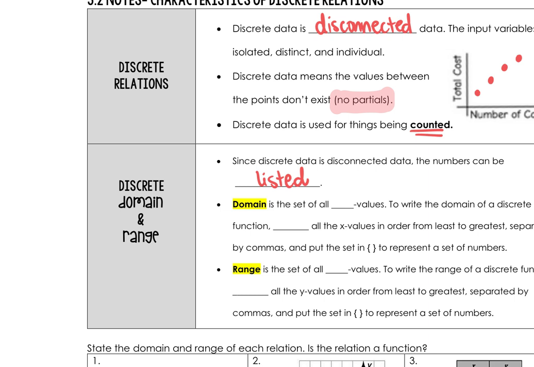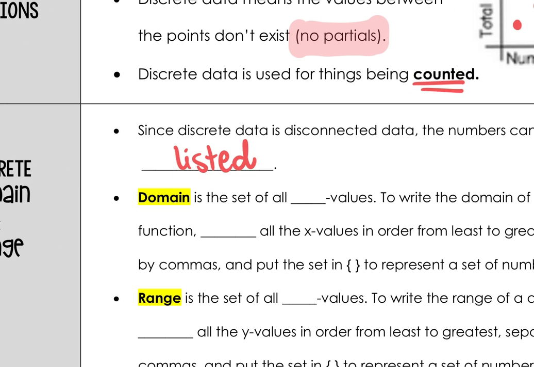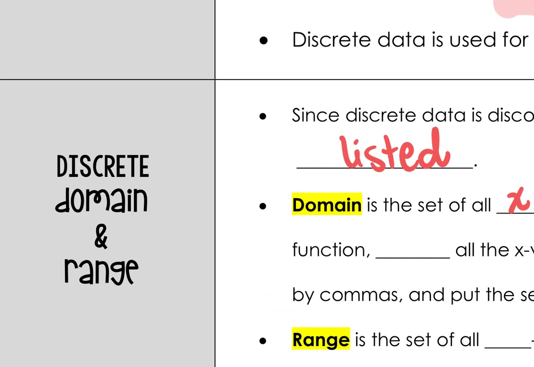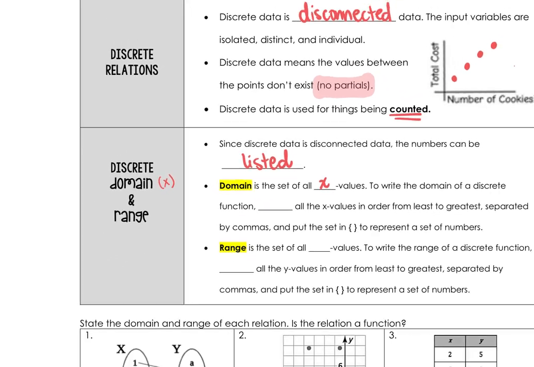The definition of domain, you guys defined this last week, but domain is going to be the set of all x values. So when we're talking about domain, we're talking about what are the x's in the function.